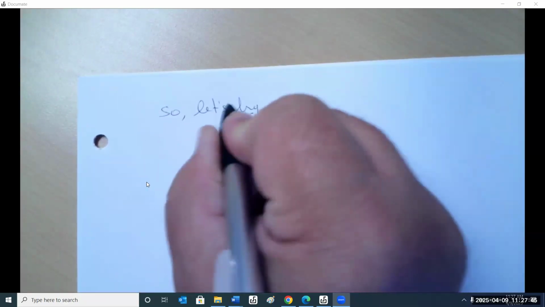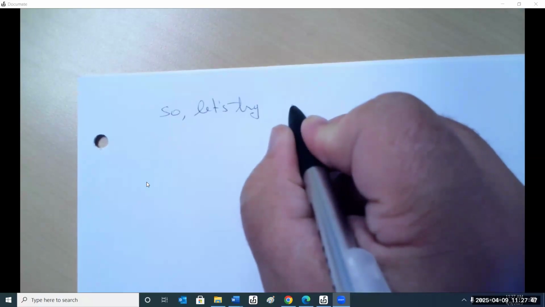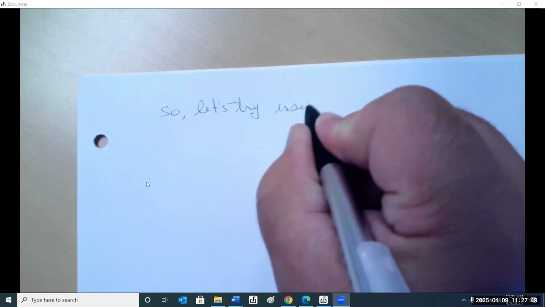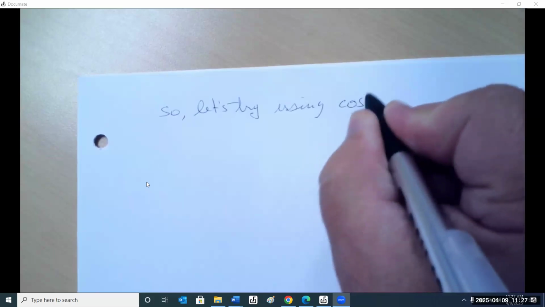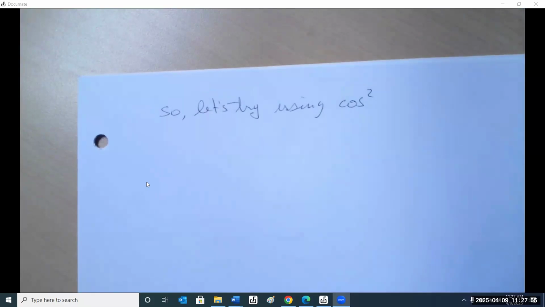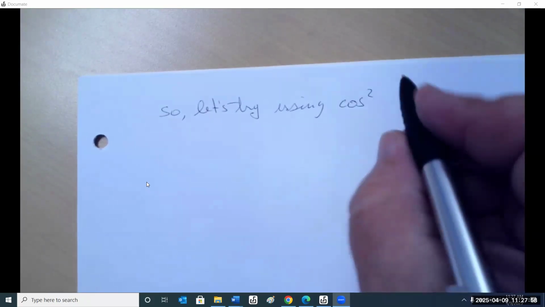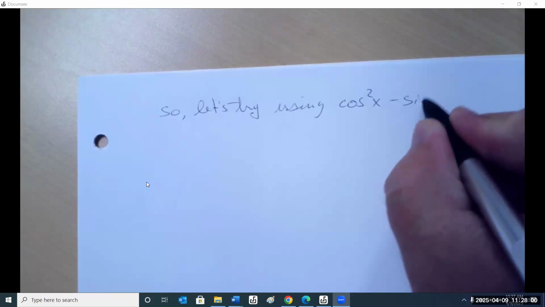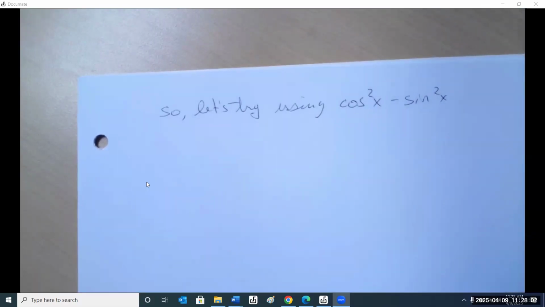Let's try using cosine squared x minus sine squared x.